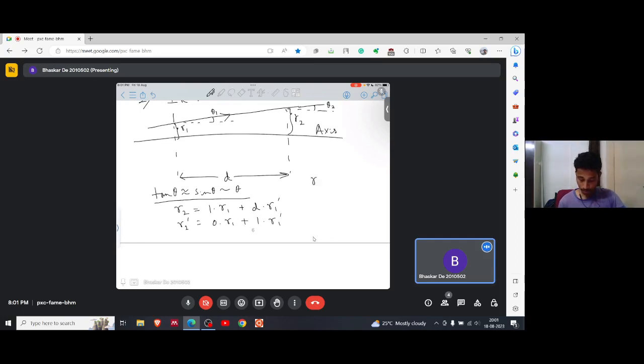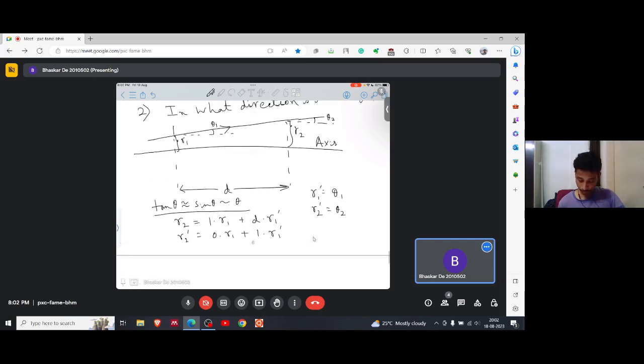So r1 dash is basically theta 1 and r2 dash is theta 2. I will just write it like this: r1 dash equal to tan theta 1 equal to sine theta 1 equal to theta 1, and r2 dash equal to theta 2.